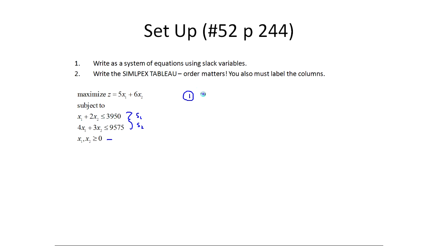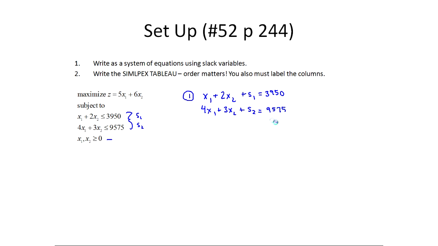So this is going to be x1 plus 2x2 plus s1 equals 3950. And this next one's going to be 4x1 plus 3x2 plus s2. Now it can't be s1 because these aren't the same, so it'd be a different slack variable to make up the slack here. If you add in that slack variable, the idea is it makes it equal to 95.75.